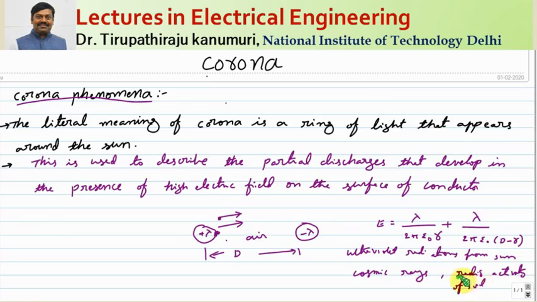Because of the radioactivity of the soil, cosmic rays as well as ultraviolet rays, some charged particles will always be available in the air.